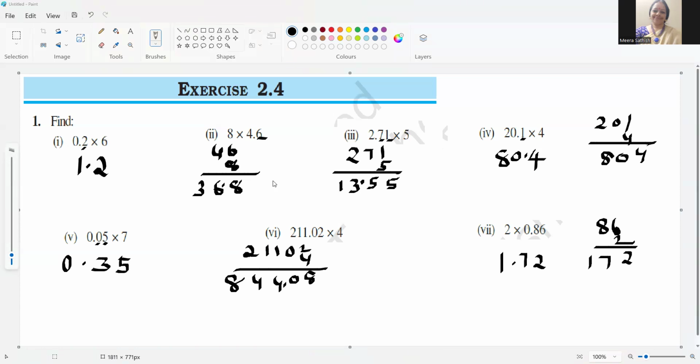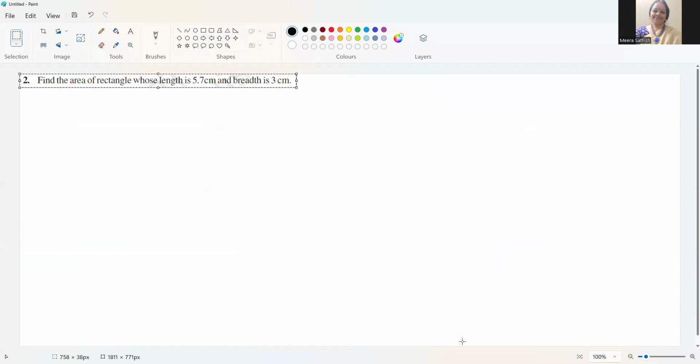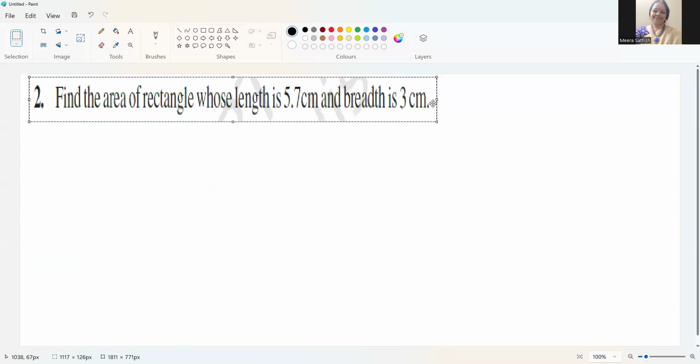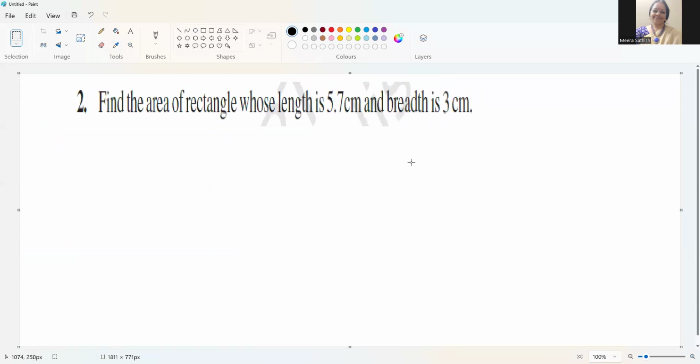Now question number 2. It's a word problem. Find the area of a rectangle whose length is 5.7 and breadth is 3. So you must remember the area of a rectangle, which you have already learned in grade 6.